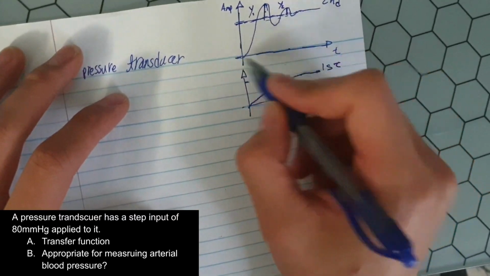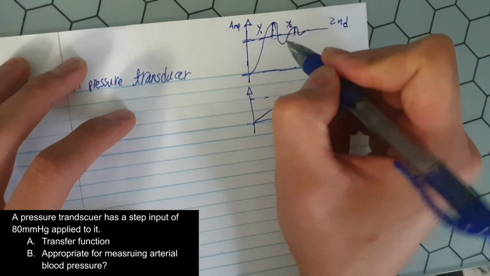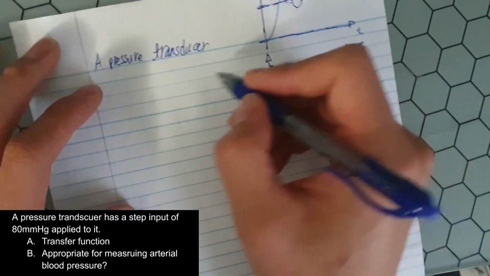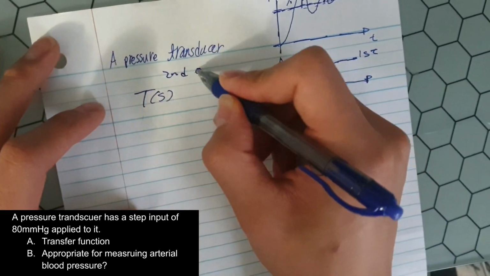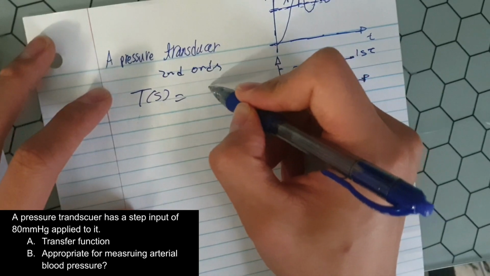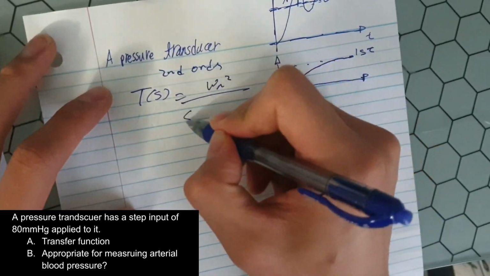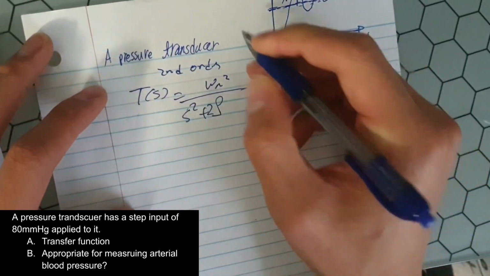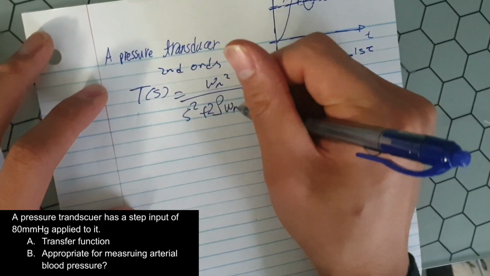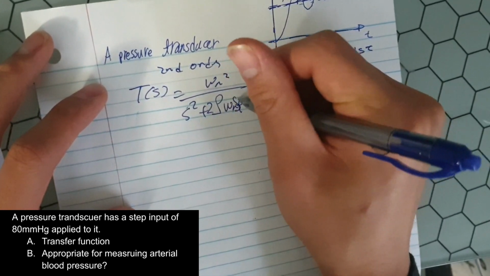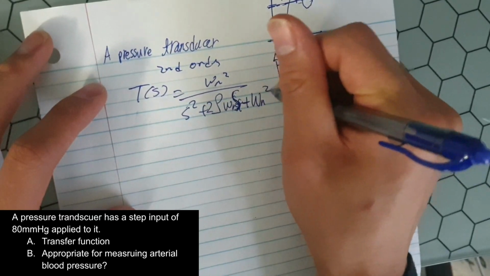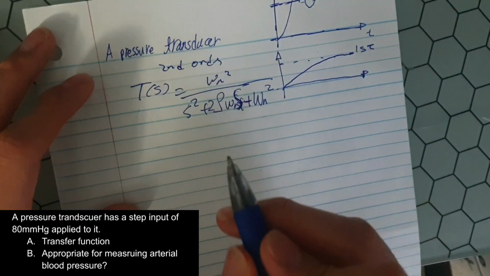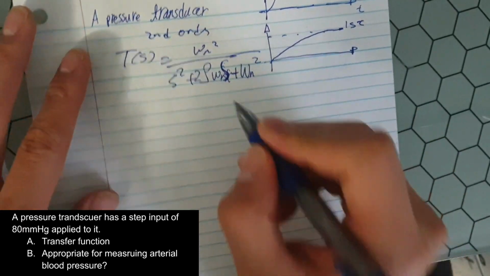And we know for a second order system, we have a transfer function of something like s squared plus 2 plus s plus wn squared, and this is the form for second order.